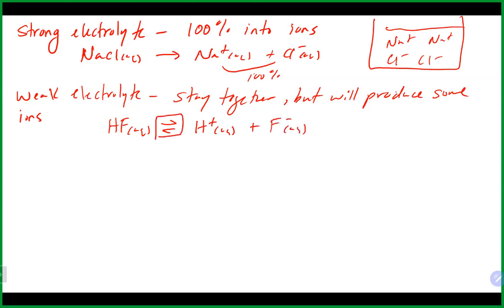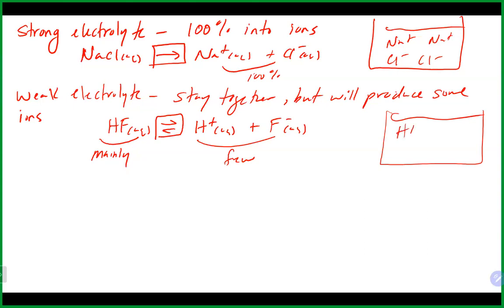It is a two-way arrow as opposed to a one-way arrow that you see with a strong electrolyte. In solution, this is mainly what you have, but you do have some of these ions. If you were to look at this solution, you would mainly see HF molecules floating around and a little bit of H+ and F minus floating around in the solution.